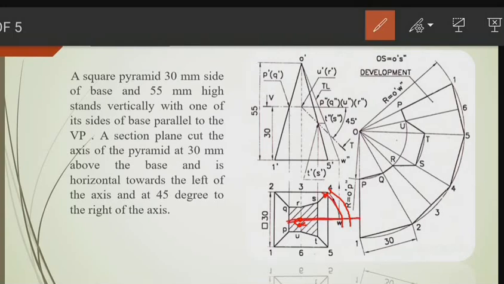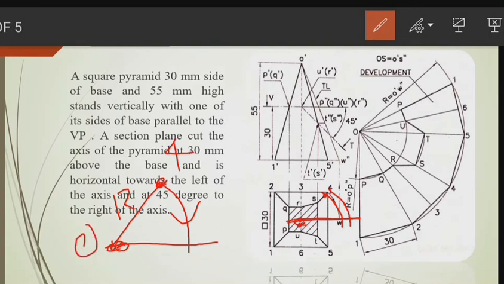So here we mark the axis point and have the point 4 here, and we make an arc with the radius of this diagonal O4. We rotate it, and we'll get a point here actually. So that is our W point.